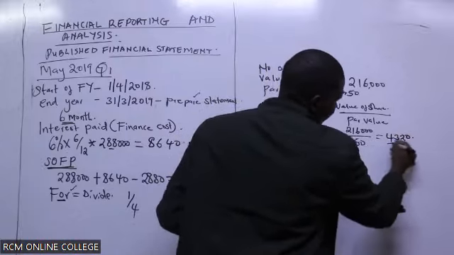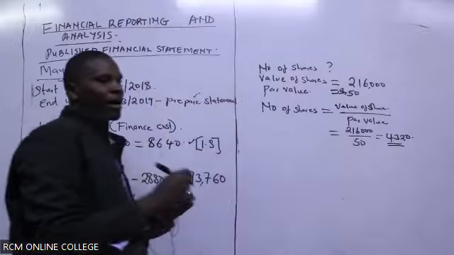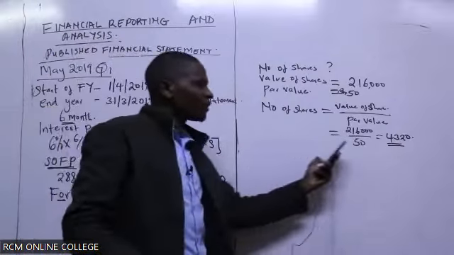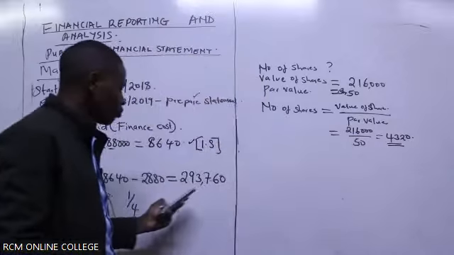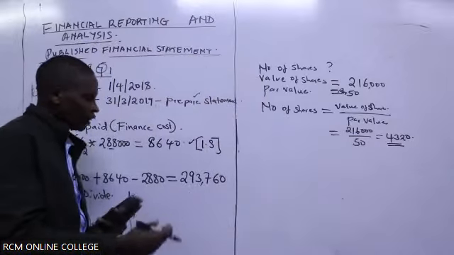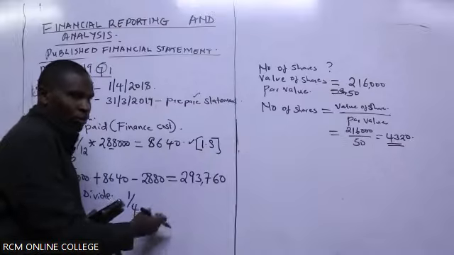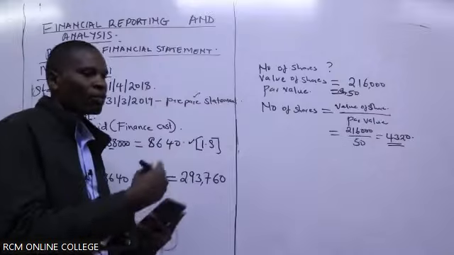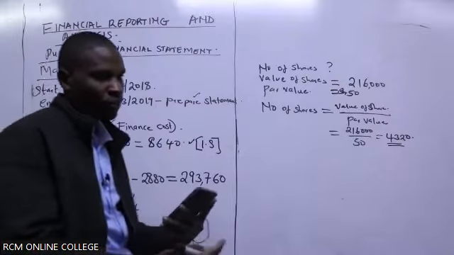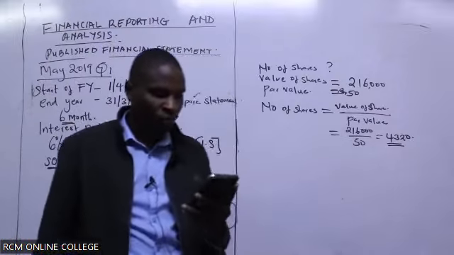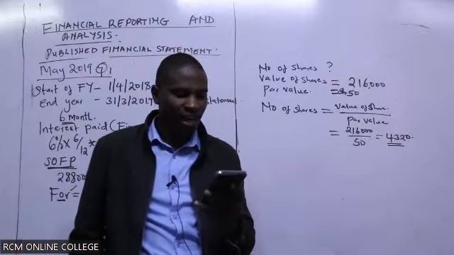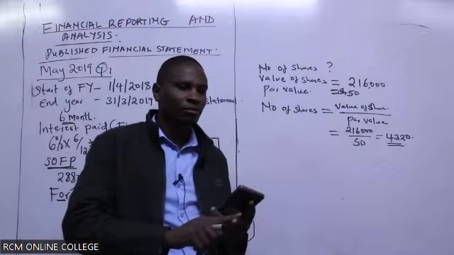Now, are we together up to that point? Because you must first convert so that you can see how this was issued. It was issued at 144.